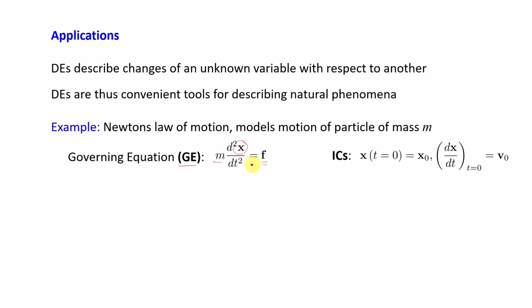So this is a vector equation. Essentially it has three equations in three directions. And being a second order equation, it requires two initial conditions. One is the location at time t equals 0, that is given by x naught. And another is the velocity, dx dt at time t equals 0, that is given by v naught.